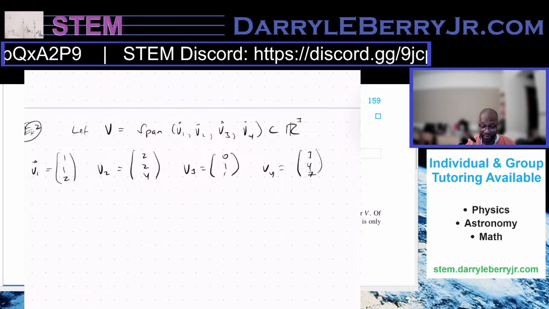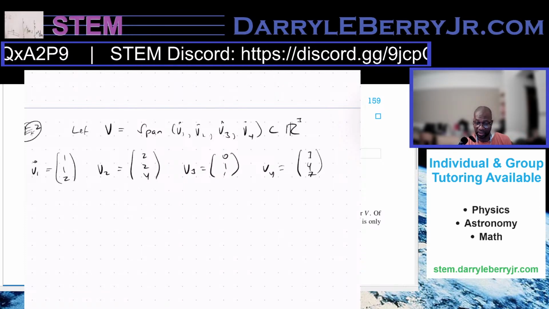We would like to determine whether some subset of V1, V2, V3, V4 gives a basis for V.